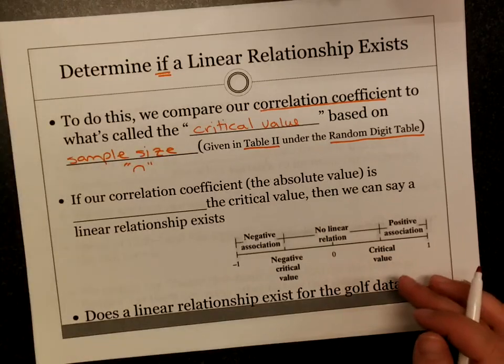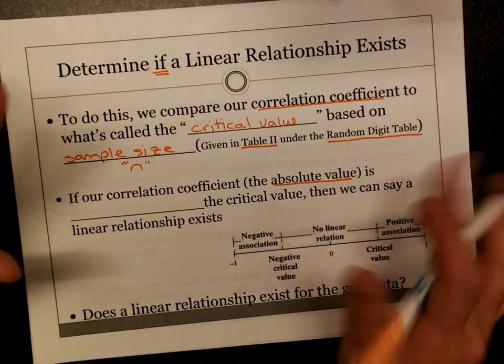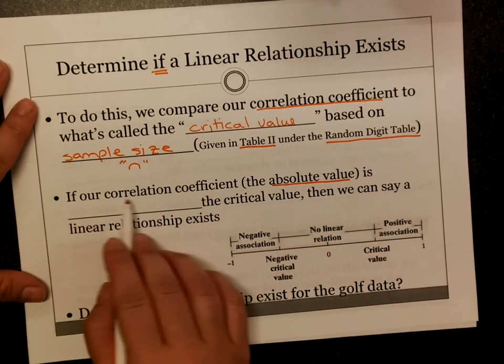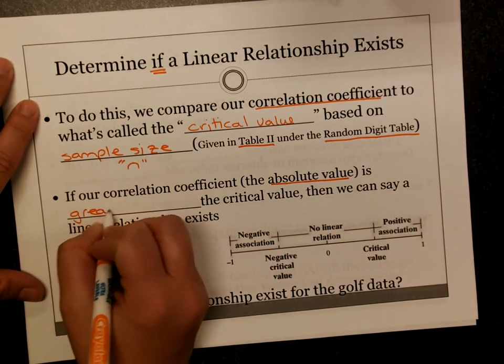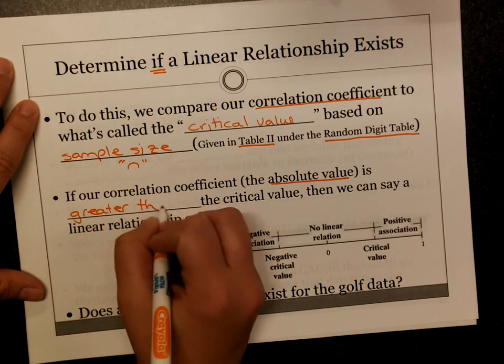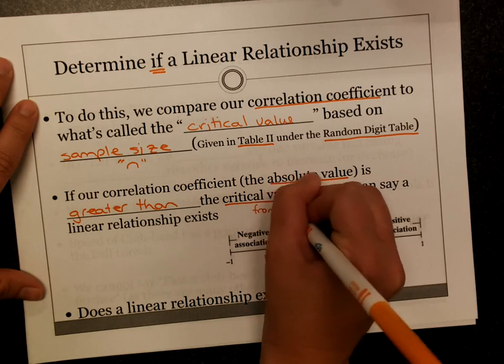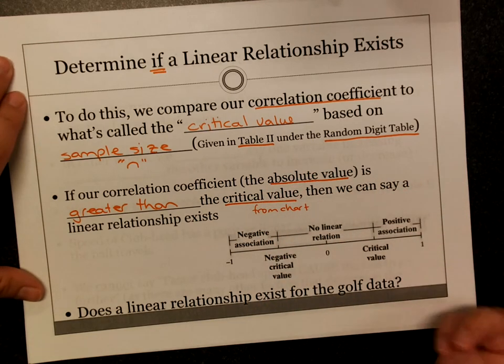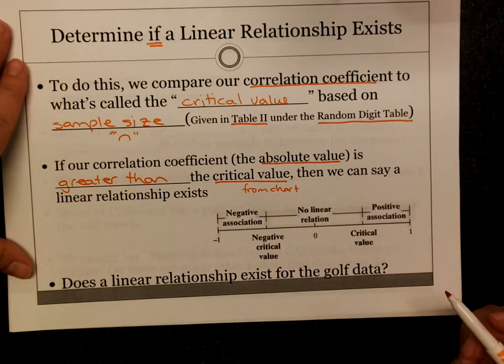But what we do is compare the correlation coefficient we get, the absolute value, so we don't worry if it's negative. If our correlation coefficient is greater than the critical value from the chart, then we can say a linear relationship exists. So it tries to visualize it for you.